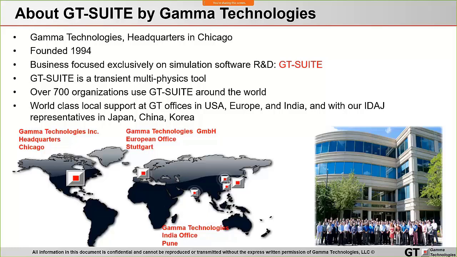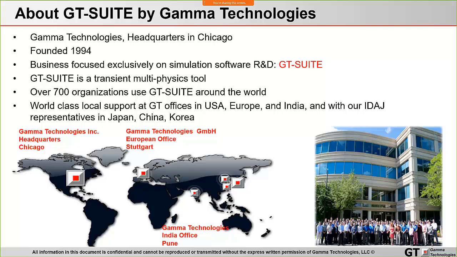And to this day, over 700 organizations around the world are using GT Suite in a variety of different industries. And we are widely acclaimed for world-class local support at dedicated offices, not only at our headquarters here outside of Chicago in the United States, but we also have an office in Stuttgart, Germany, over in Europe, and a relatively new office that opened in Pune, India.